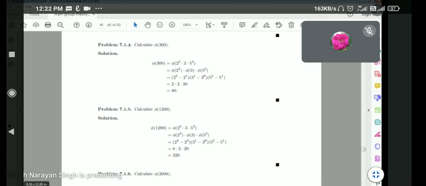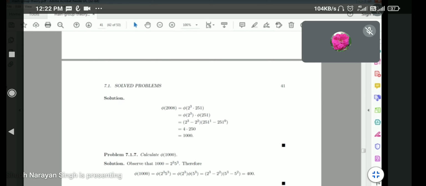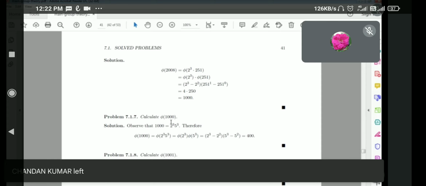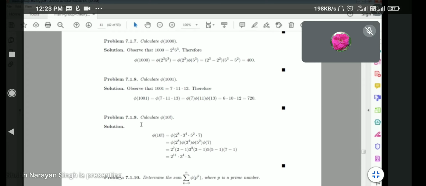Now we have computed the Euler phi function for several positive integers. So I think you should also read and see the proof or solution of these problems. And here I also computed the Euler phi function of 10 factorial.